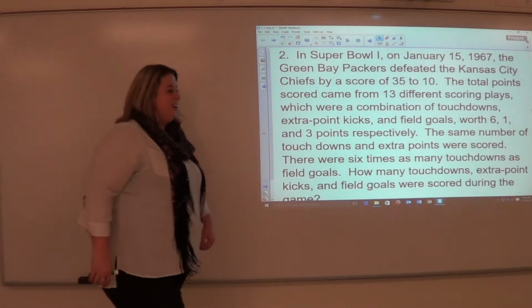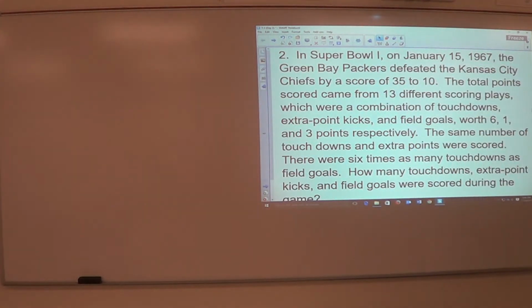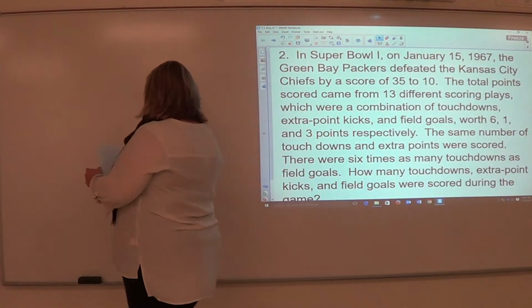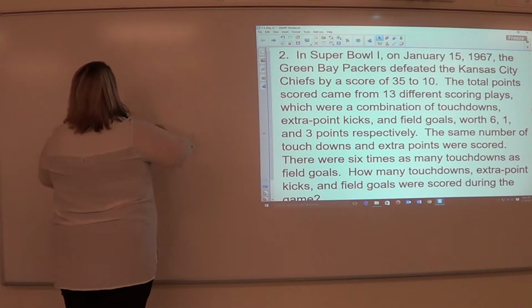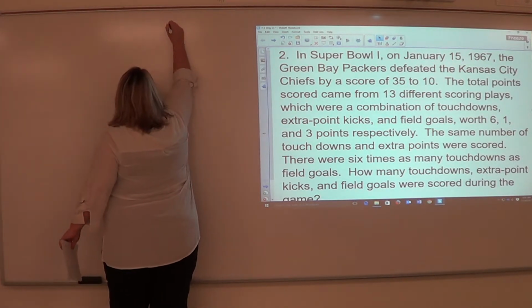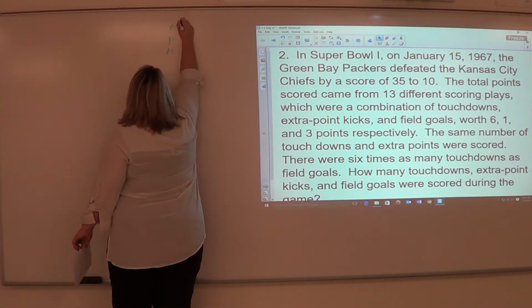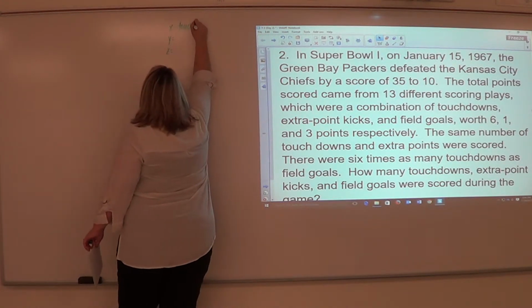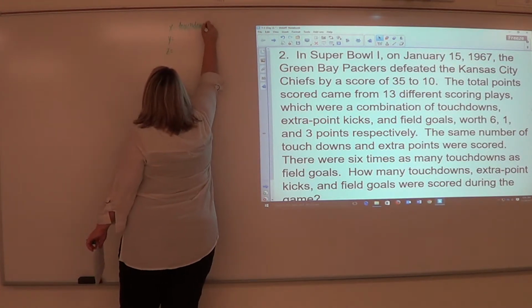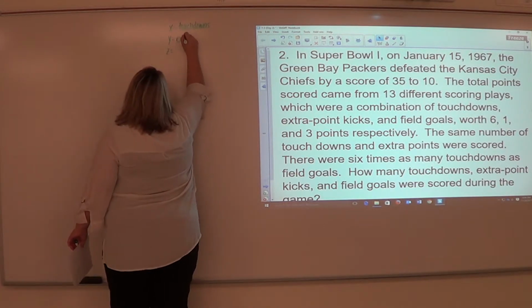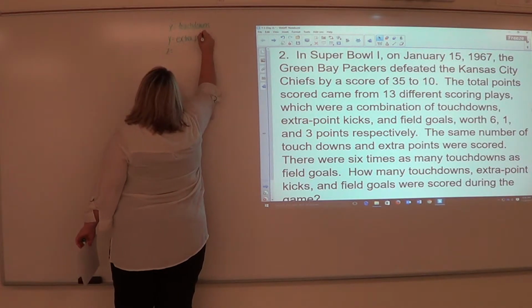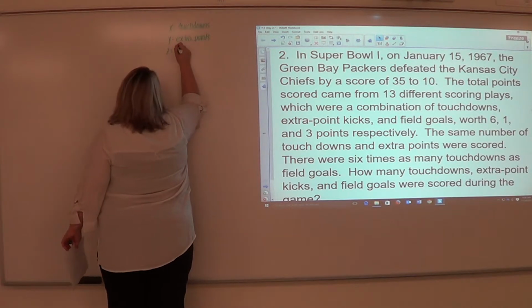Okay, what do we do? Find your variables, what do you want to use? X, Y, and Z. Okay, so let's make X touchdowns. Let's make Y your extra points. And Z your field goals.